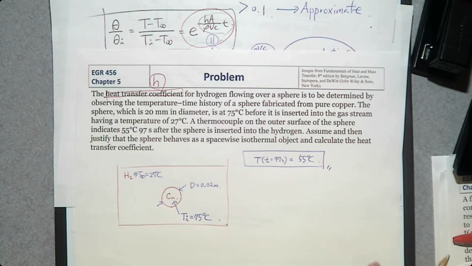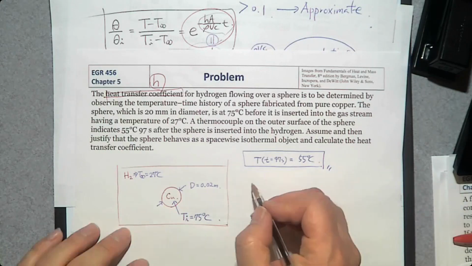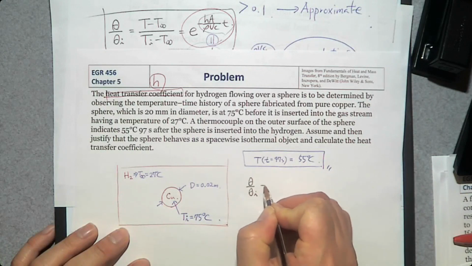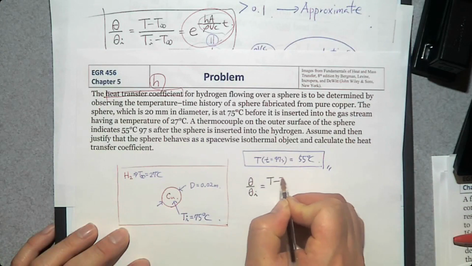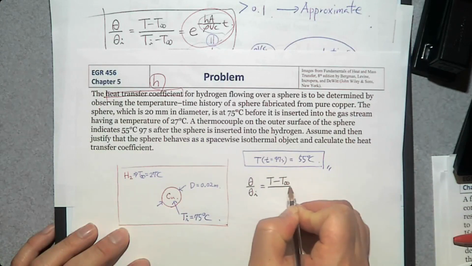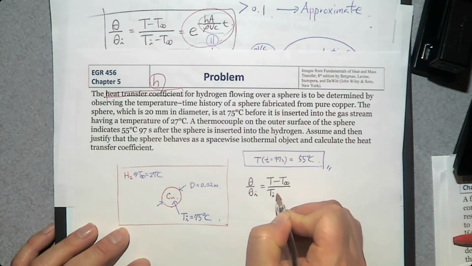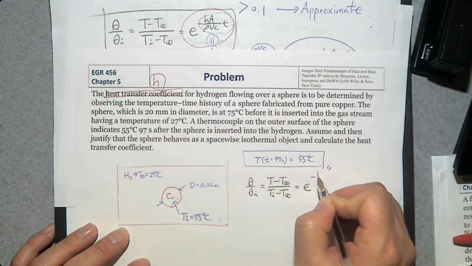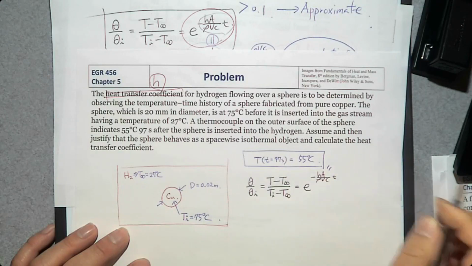So what is the lumped system solution? This one. Theta over theta i, in other words, (T - T∞)/(Ti - T∞) is e^(-hA/ρVc t).